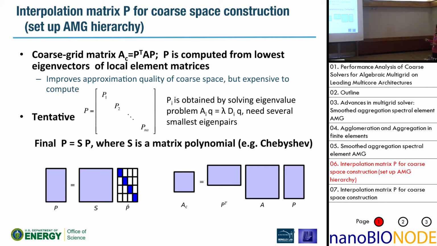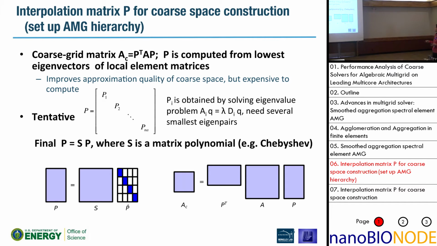After you solve the eigenvalue problems, you use a polynomial smoother, multiplying a few times to get a better approximate coarse space.